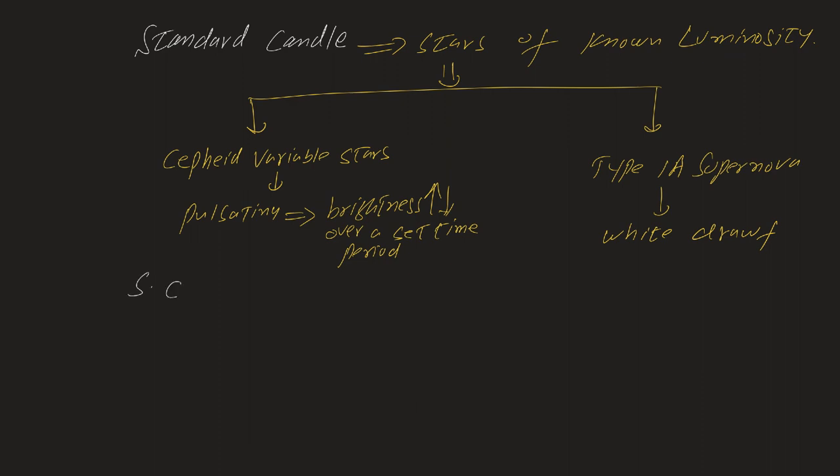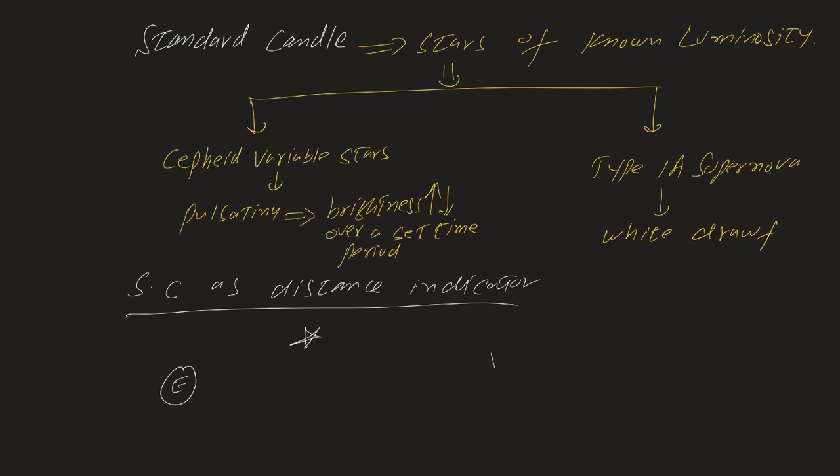So standard candles as distance indicators, that is, by using them we are able to construct a cosmic distance ladder, meaning we can form the large picture of the universe. For example, if here is the earth, one standard candle is here, another is here, then it is here.